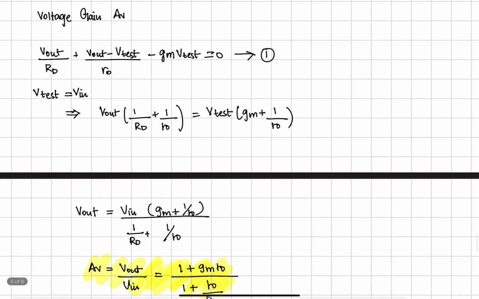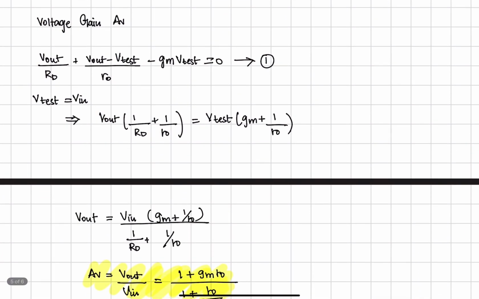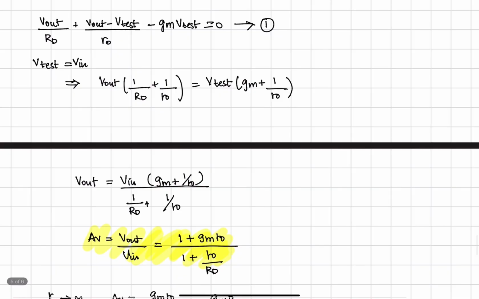I have replaced V test with V in, and I rearranged the terms. So we get V out is equal to V in into gm plus 1 by RO divided by 1 by RD plus 1 by RO.